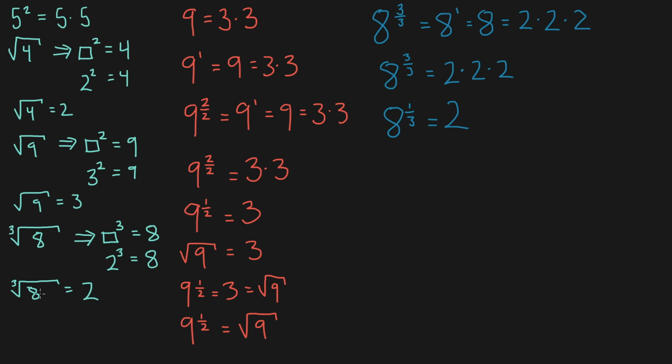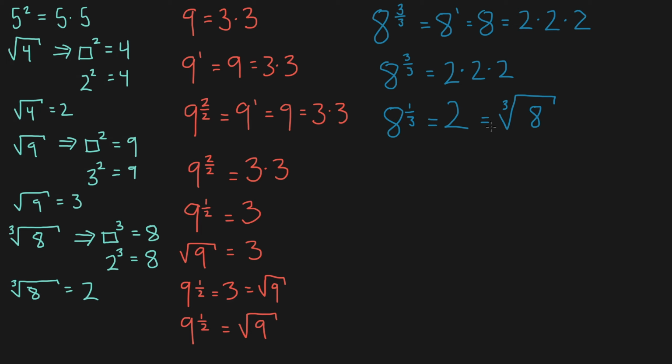Now over here we showed that the cube root of 8 is also equal to 2, so I'm going to write that on the other side of this equal sign. So the cube root of 8 is also equal to 2. And just to be clear here, when we have two equal signs like this, we're just saying that this number here, 8 to the 1/3 power, and 2, and the cube root of 8, those are all the same number.